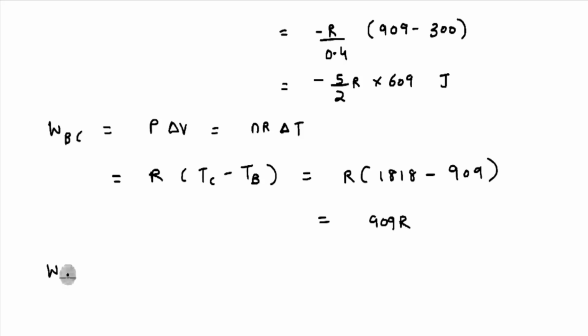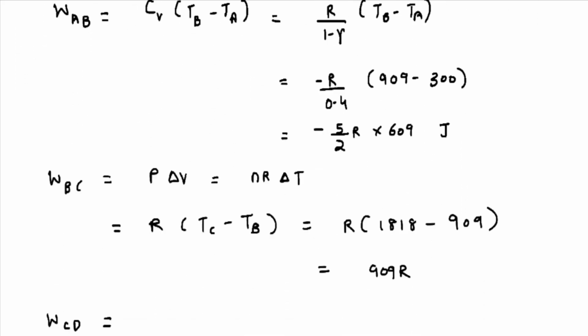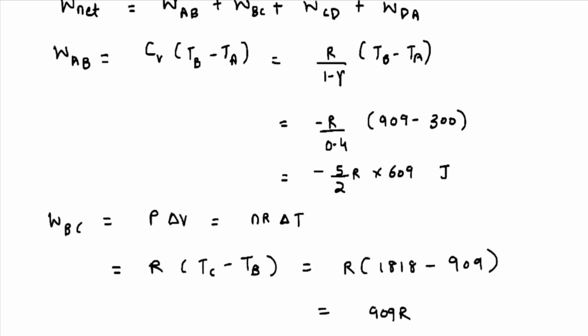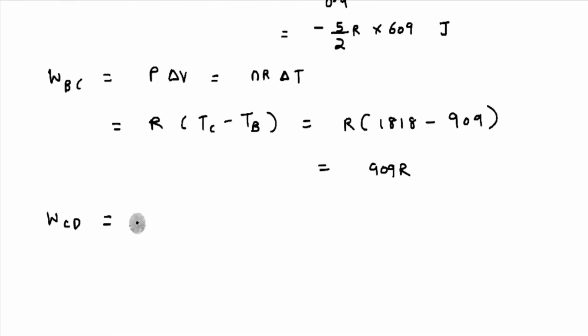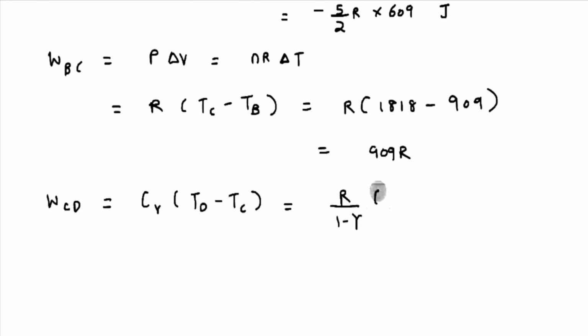Now we have to calculate work done from C to D. That is again an adiabatic expansion process. So we will be using the formula Cv into TD minus TC. Again, instead of Cv this can be written as R upon 1 minus gamma, into TD minus TC.